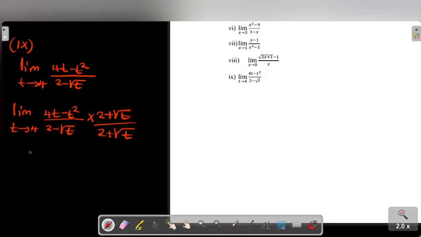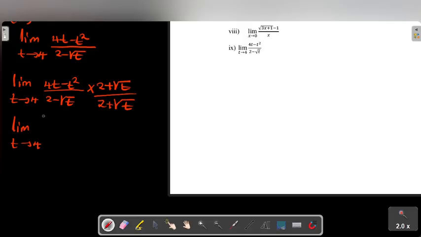Now from this point, the next thing we're going to do is start multiplying. So you have the limit as t approaches 4. You say 4t times the 2, that will be 8t. Then 4t times root of t, it will be 4t root of t. Then negative t squared times 2, it will be negative 2t squared.